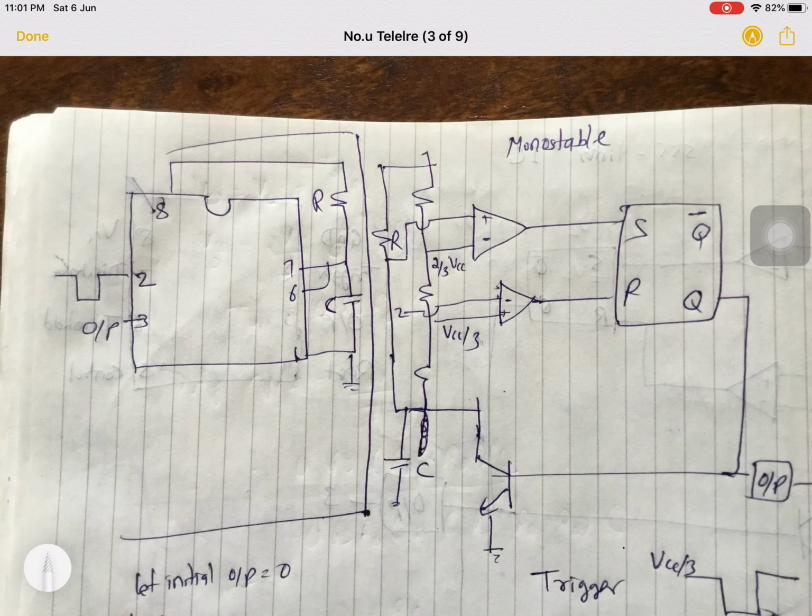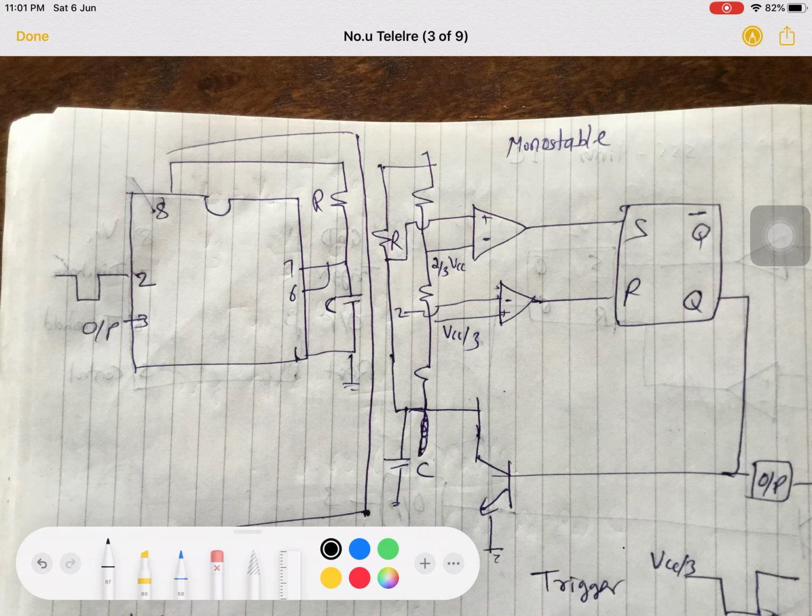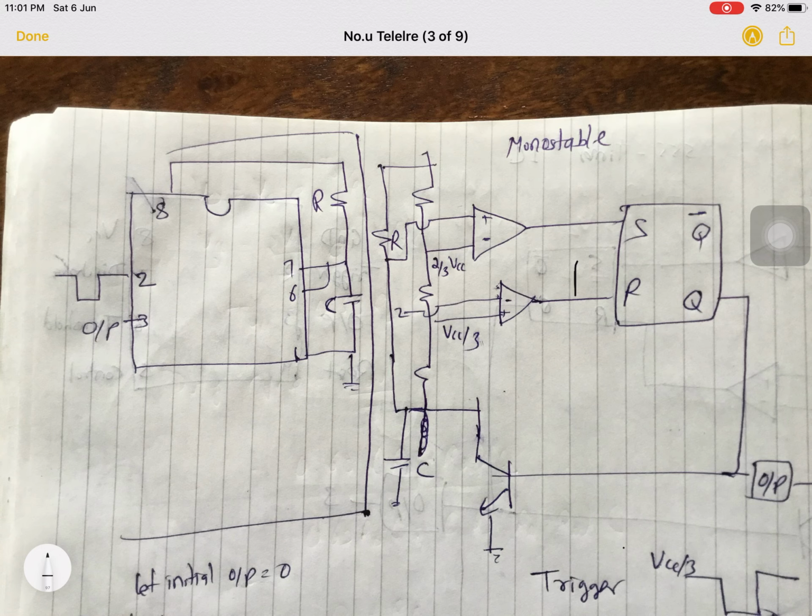As soon as the voltage goes to 0, the positive part becomes higher, so the output of the op-amp becomes 1. The other is still 0. So R is 1 and S is 0. In that case, the output of the SR flip-flop is 0, and the net output of the circuit will become 1.